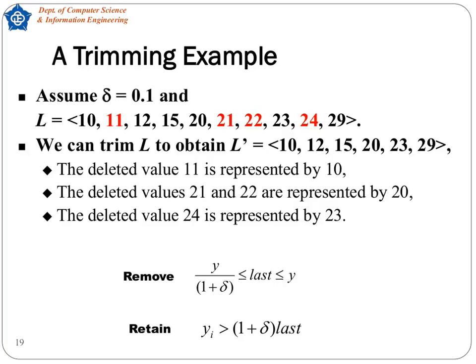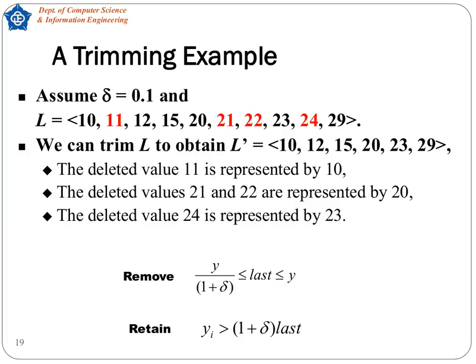Last equals 20. 21 and 22 both lie below 20 times 1.1, so we remove them and continue with last equals 20. 23 exceeds 20 times 1.1, so we retain 23. Last equals 23. 24 is within 23 and 23 times 1.1, so we discard 24 and keep last equals 23. 29 exceeds 23 times 1.1, so we retain 29.